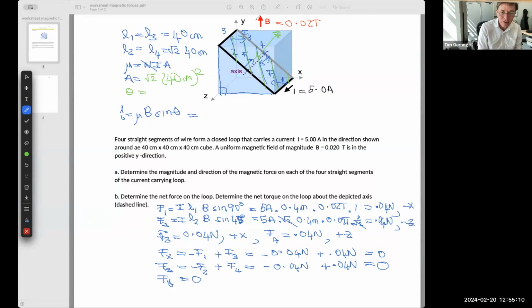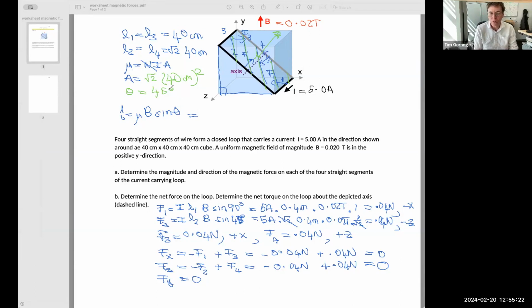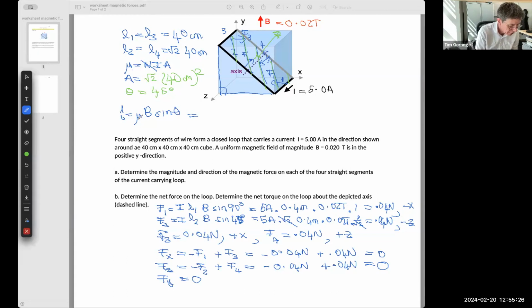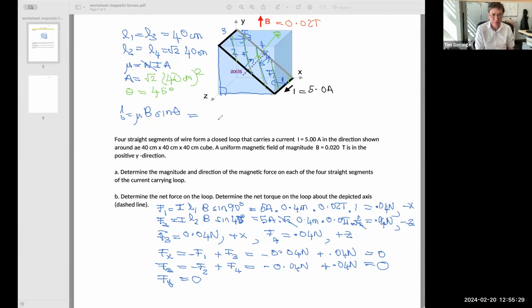The magnetic field is straight vertically upwards, and the area vector is 45 degrees to that vertical. So this is 45 degrees. There's a little bit more geometry and reminding ourselves about magnetic moments, but these are ingredients in this calculation.